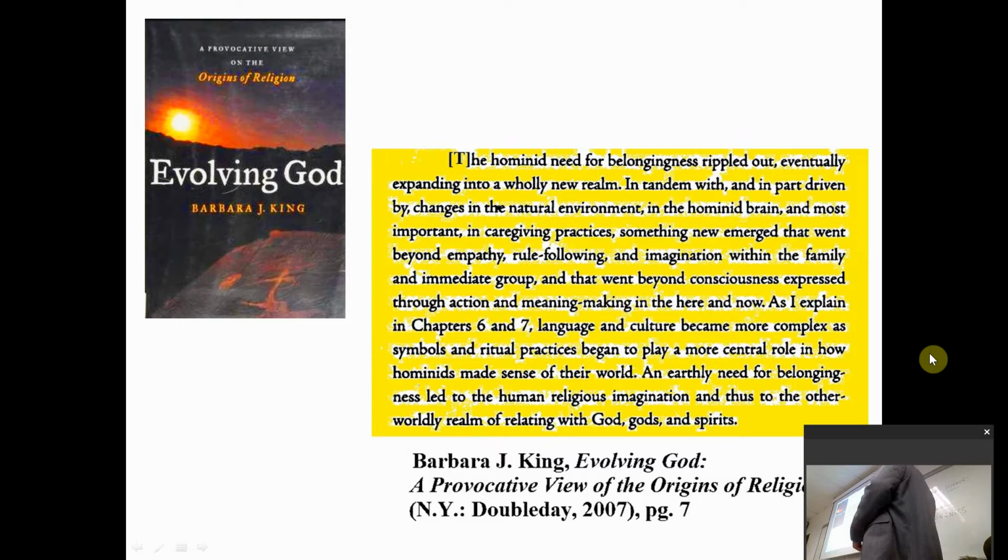As I explained in chapters 6 and 7, language and culture became more complex as symbols and ritual practices began to play a more central role in how hominids made sense of their world. An earthly need for belongingness led to the creating of imagination and thus to the otherworldly realm of relating with God, gods, and spirits.